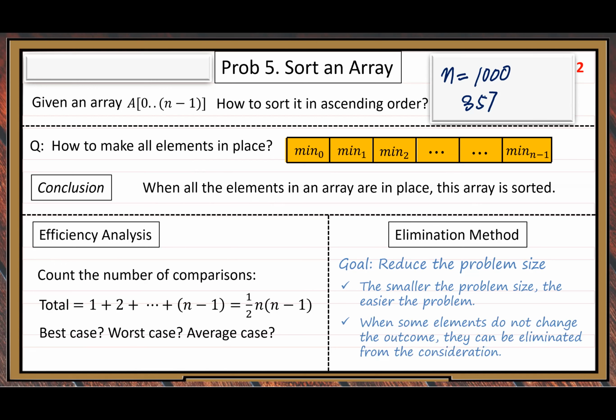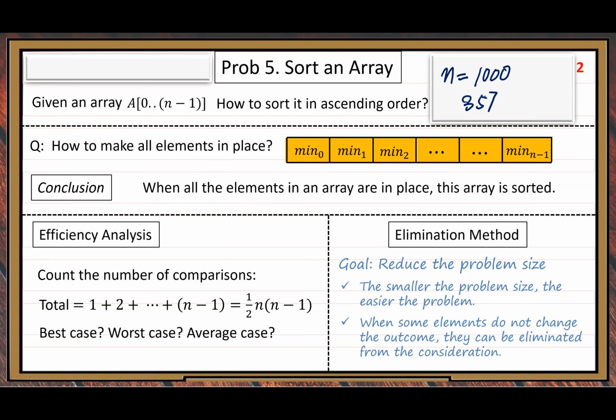When some elements do not change the outcome: if after doing some work we find certain elements cannot affect the final outcome, we can comfortably eliminate them from the configuration.